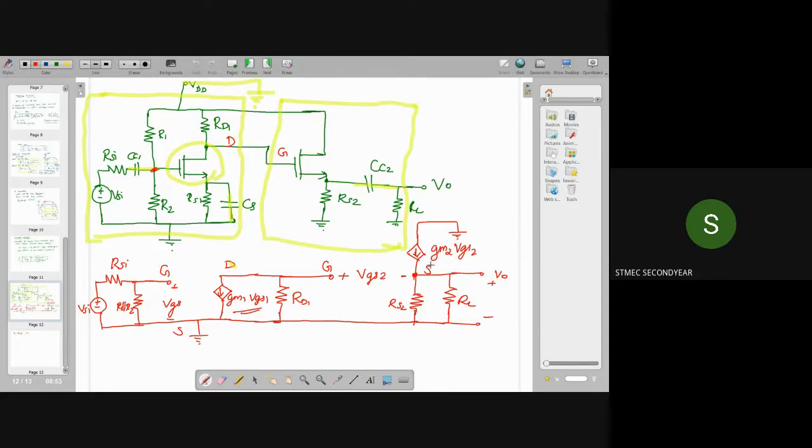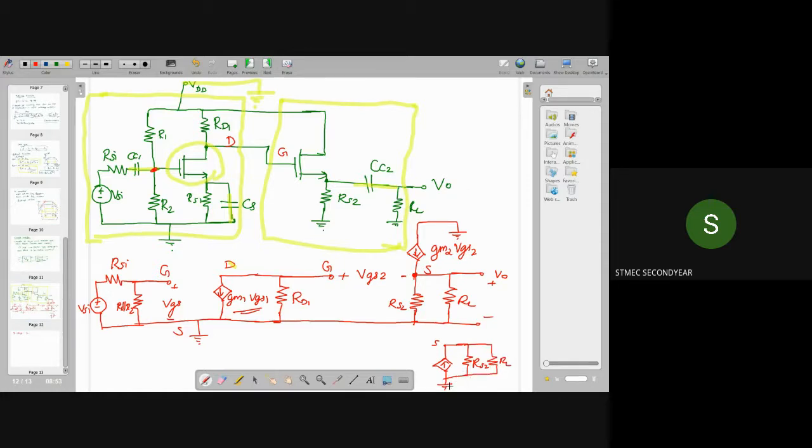You don't need to get confused by drawing it like this; if you want, we can represent it as a current source like this. This is the ground terminal, and from ground, in the upward direction, to the source. This is our source terminal here, and here you have this RS2 and this RL, right?